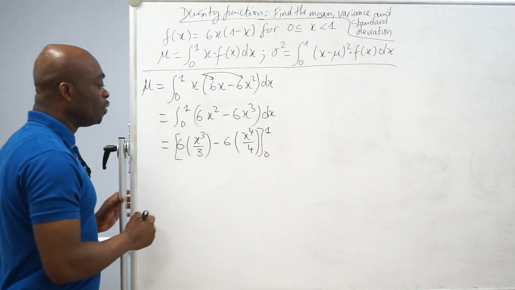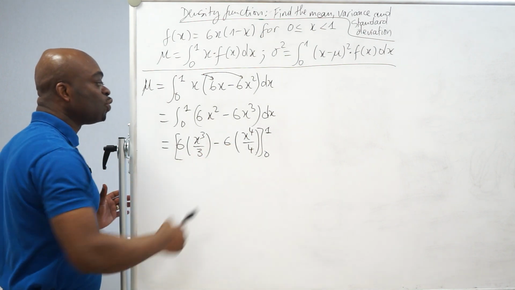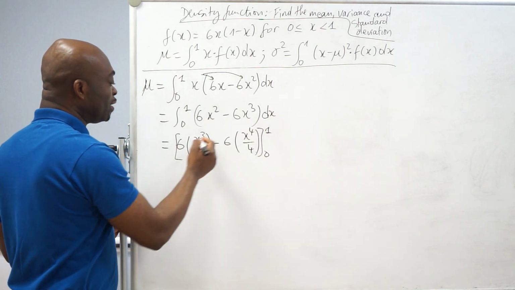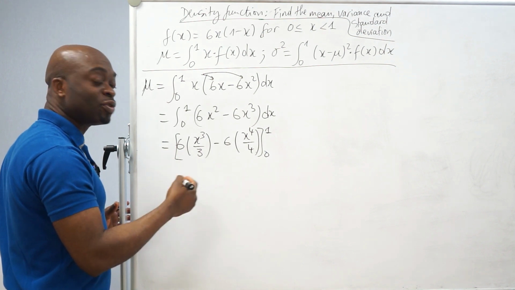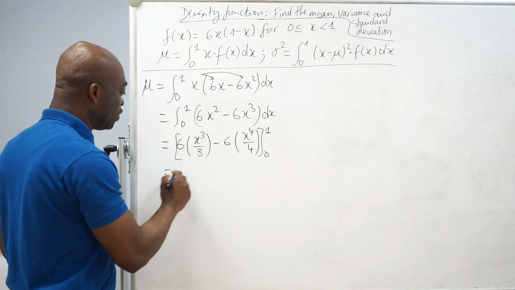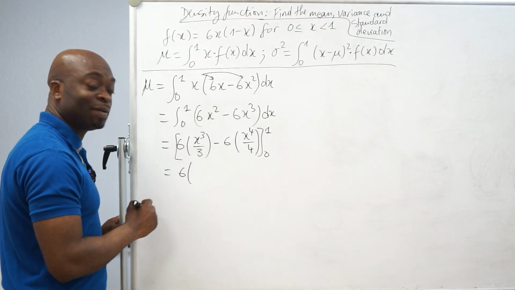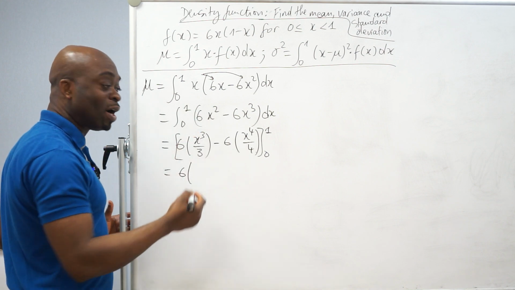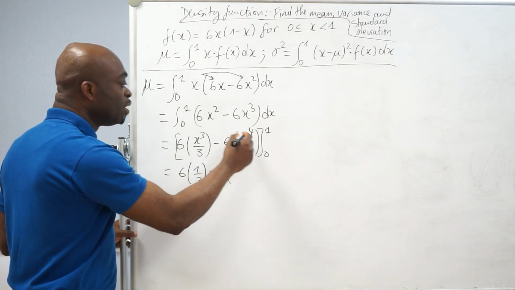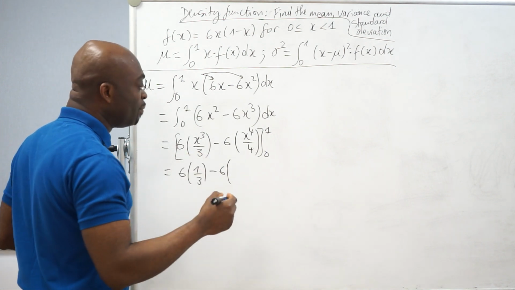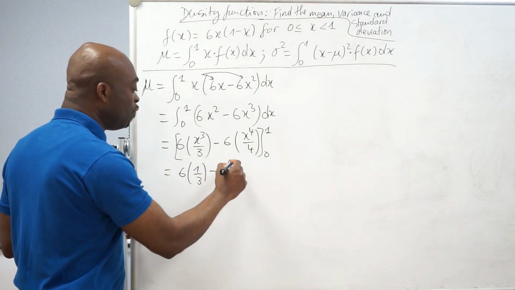Okay? So now we go inside to work it out. So we have 1 that will substitute into x to the third power. So it's going to be 6 times 1 to the third power, which is 1 over 3, minus 6 times 1 to the 4th, which is 1 over 4.